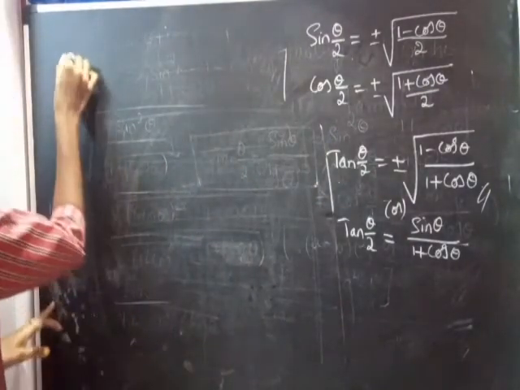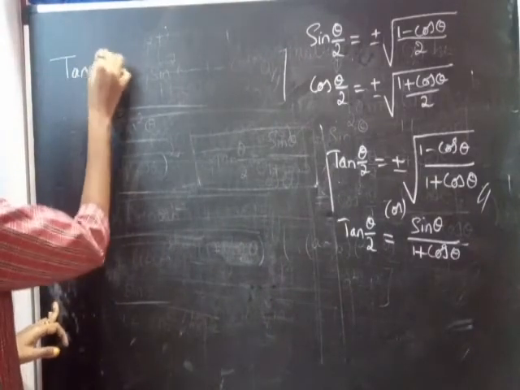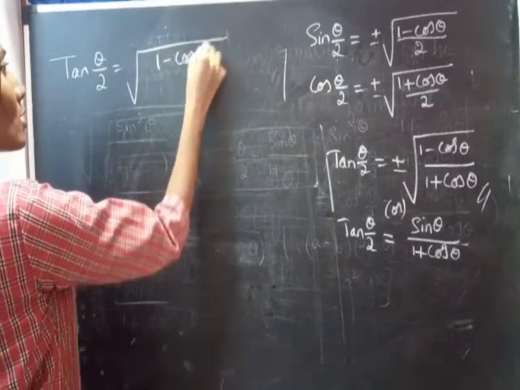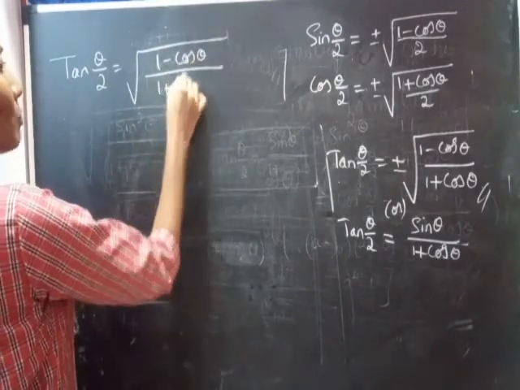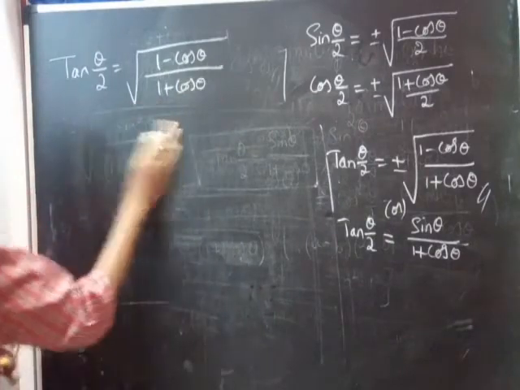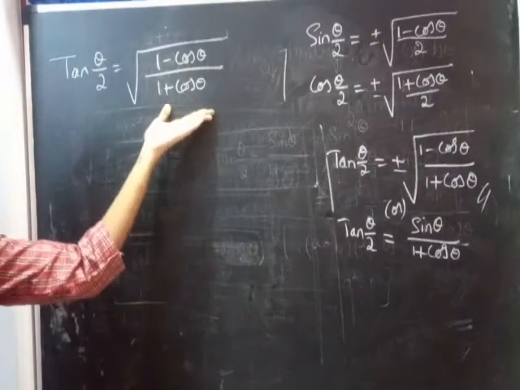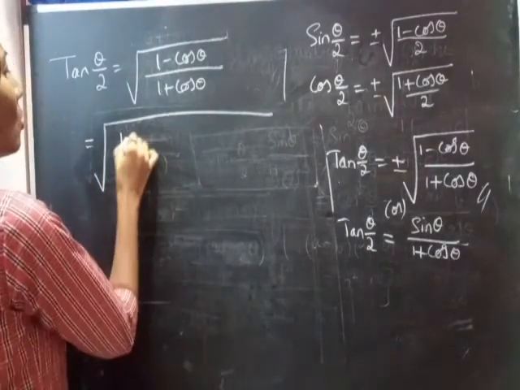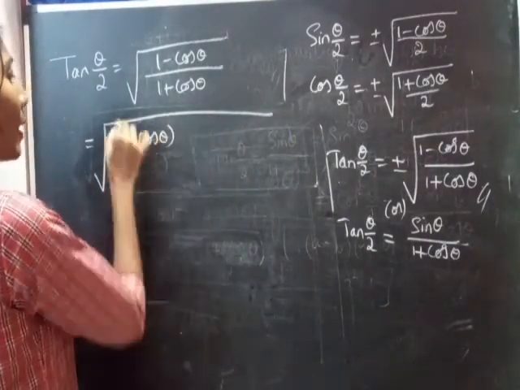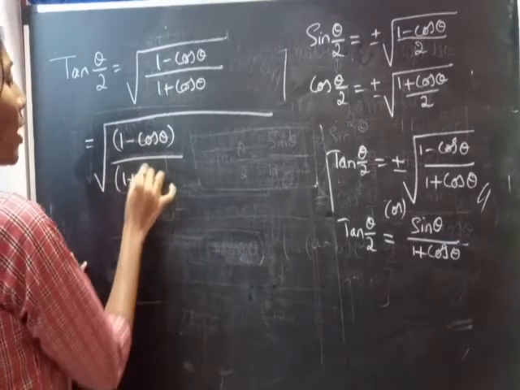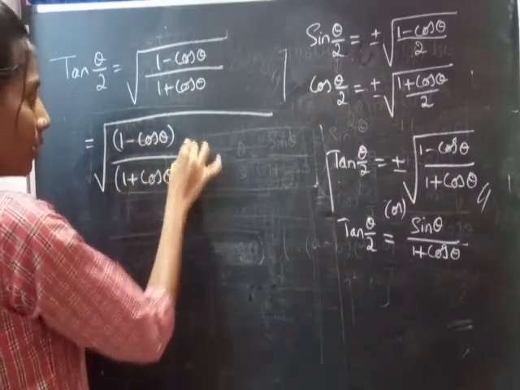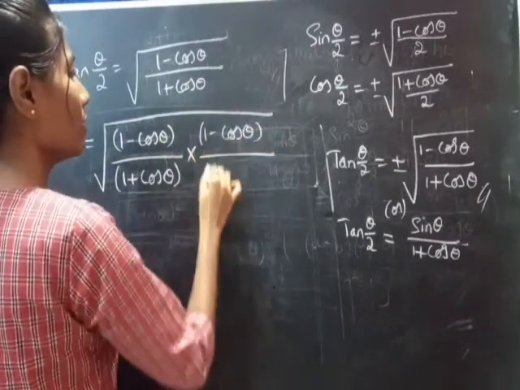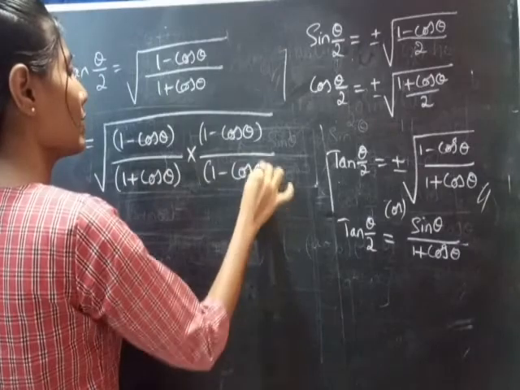Again consider tan theta by 2 is equal to root over (1 minus cos theta by 1 plus cos theta). Now we are going to rationalize the denominator. So let's rationalize the denominator: (1 minus cos theta by 1 plus cos theta) into (1 minus cos theta by 1 minus cos theta).